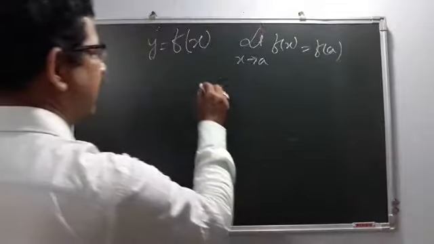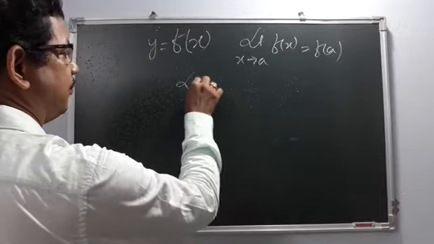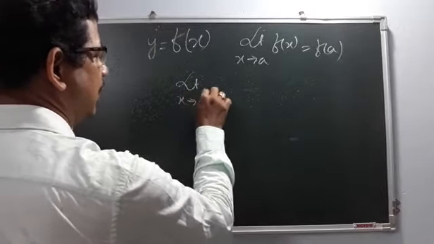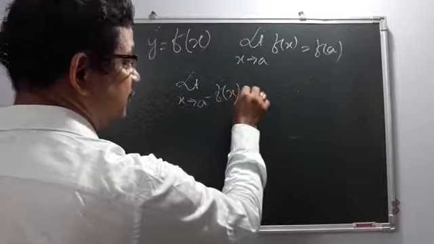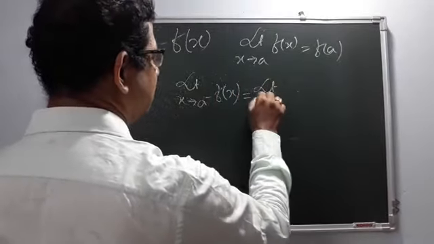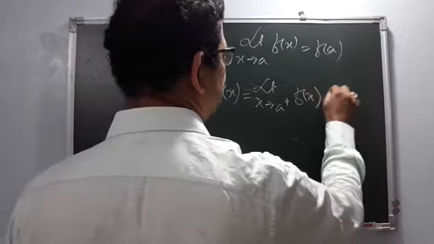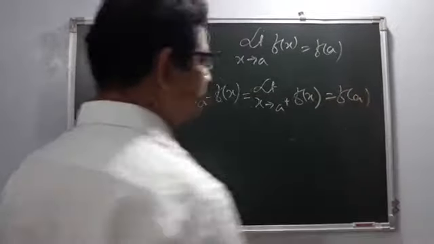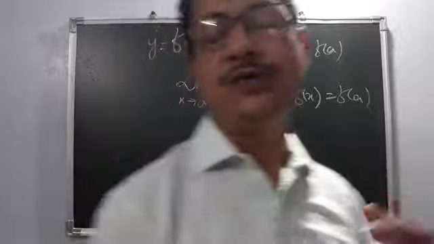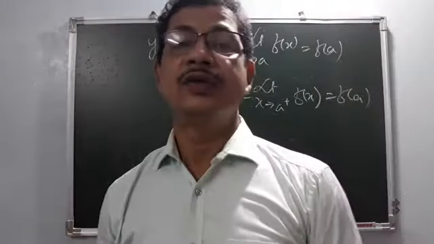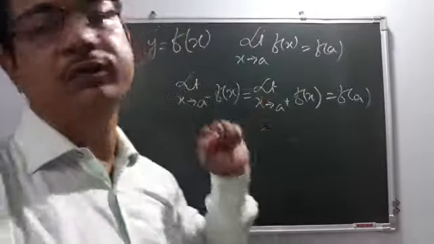This can be rewritten as limit x tends to a minus f(x), that is the left hand limit, is equal to limit x tends to a plus f(x), is equal to f(a). Left hand limit is equal to right hand limit is equal to f(a). That is required according to the demand of the question.